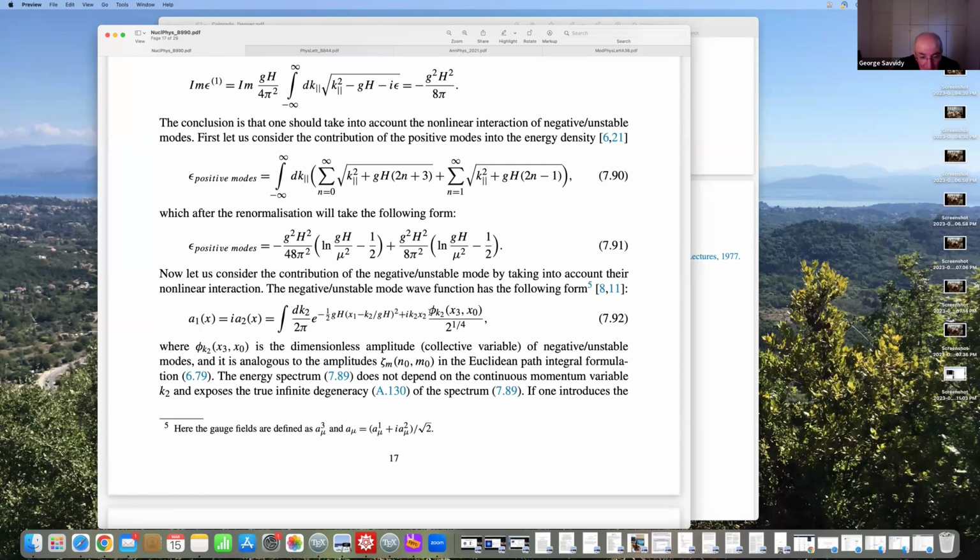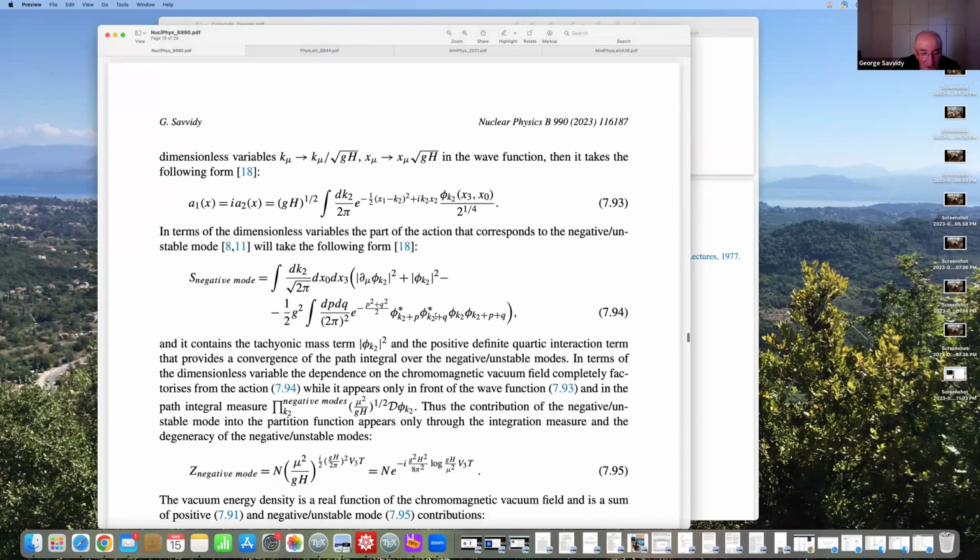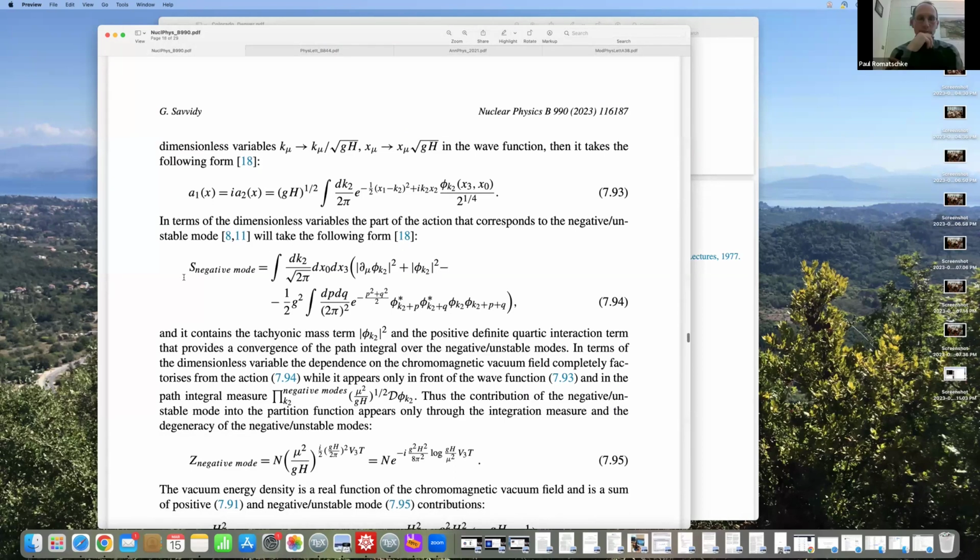And they are written in terms of this phi k. So they write the Lagrangian, which is written here, you see, negative mode. You see, this is a plus phi k squared, which is an unstable mode. The quadratic part is unstable, right? Instead of minus, here is a plus. But then there is a quartic term, which is with minus phi to the 4.